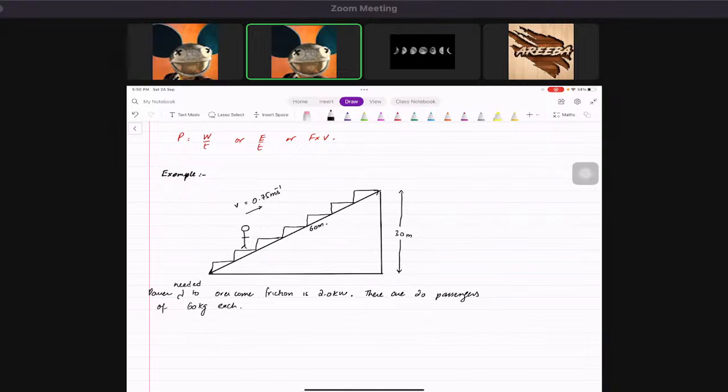Okay. So it says calculate the total power required for the escalator to move at 0.75 meters per second. Do you guys understand the question?